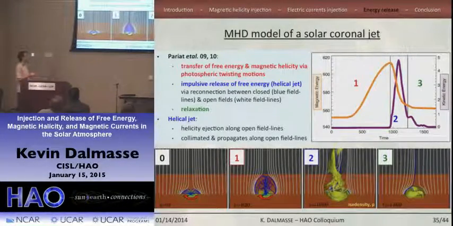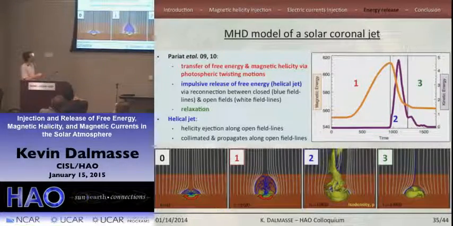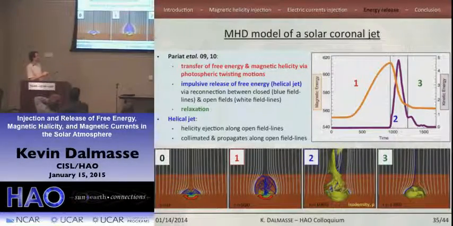Then the system undergoes a relaxation phase, during which it reaches a state close to its initial potential state.